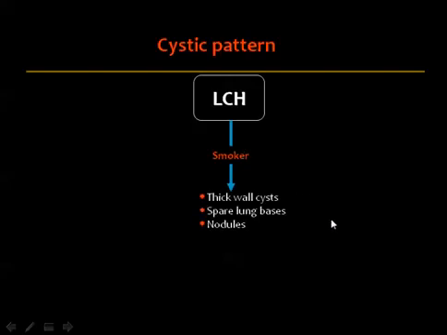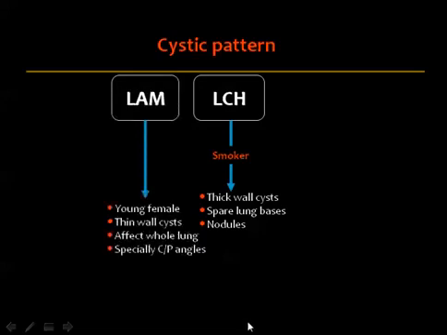The cystic pattern. Langerhans cell histiocytosis, and the history of smoking is essential. Thick wall cysts spare the lung bases, some of the nodules and the cysts are in the range of 1 centimeter in diameter. Lymphangioleiomyomatosis: the young female in the reproductive age, thin wall cysts affect the whole lung, especially the costophrenic angle.